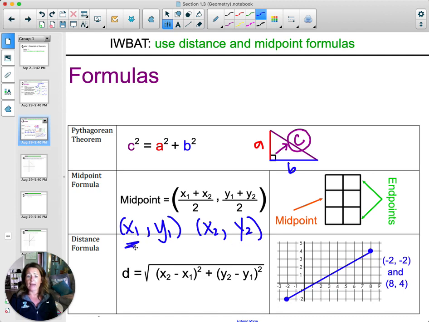You're going to add the 2 x coordinates together here and divide by 2. Then you're going to add the 2 y coordinates together and divide by 2. So you're just coming up with the average of the x's, and the average of the y's.